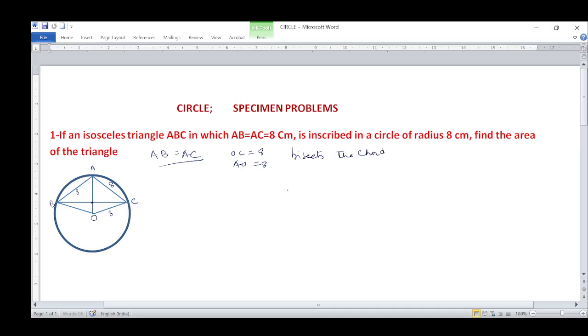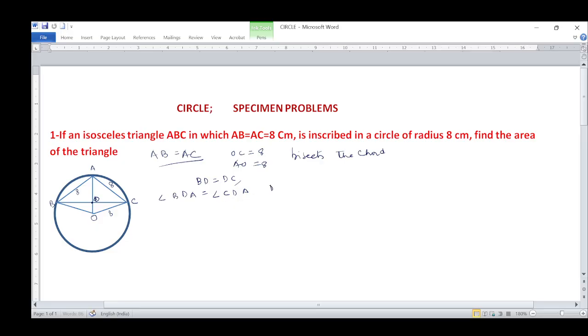So in this case, let us write this place as D. So BD is equal to DC, and angle BDA is equal to angle CDA.